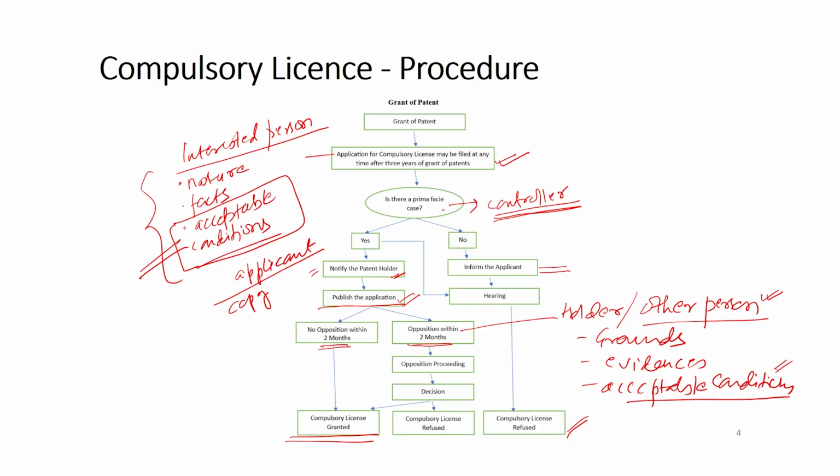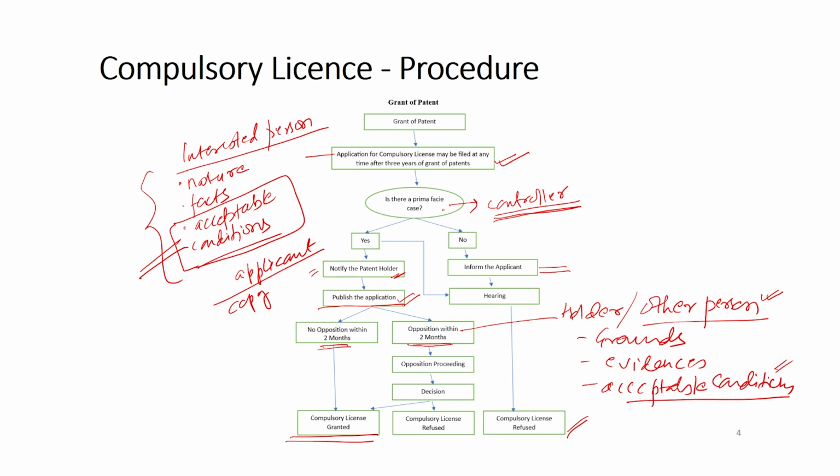So, these are the things which the person opposing will have to write: what are the grounds on which he is opposing the claim for compulsory license, what are the evidences in support of his grounds, and if he has problems with the terms and conditions, what terms and conditions are acceptable to him. He has to explain these points.